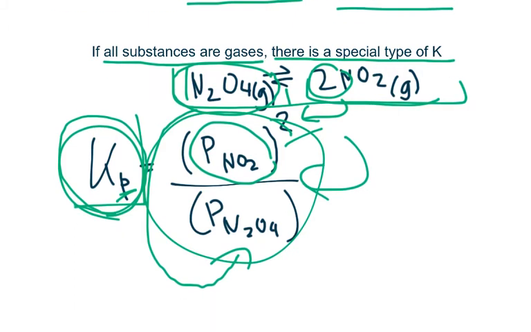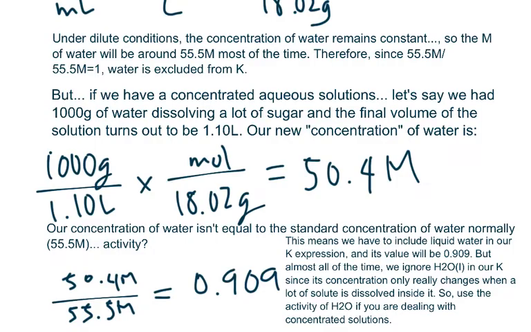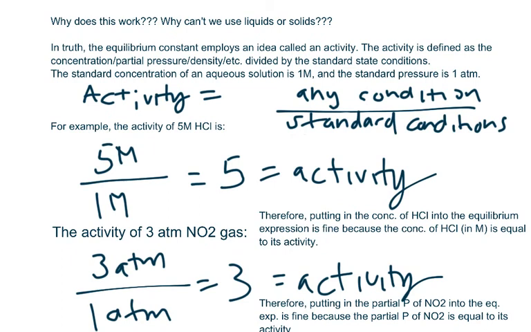So, now that we're done with that, let's talk about why we don't include solids or liquids in our equilibrium expression. So in reality, the equilibrium expression employs an idea called an activity.